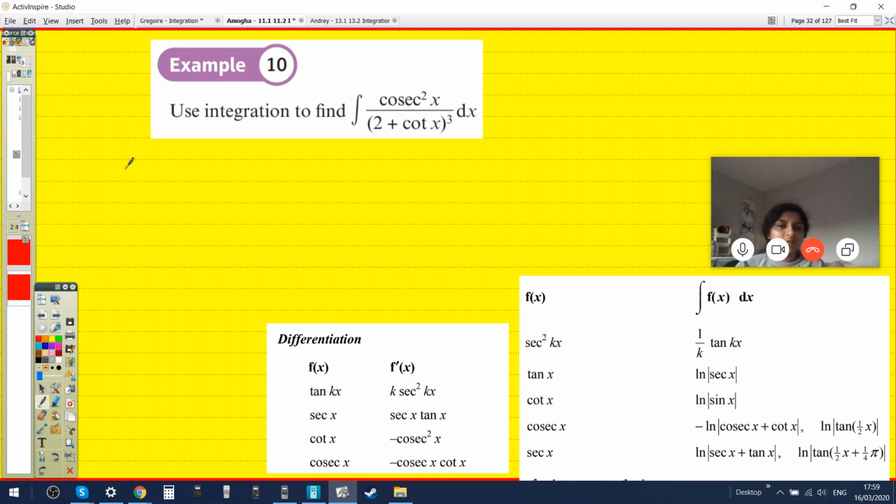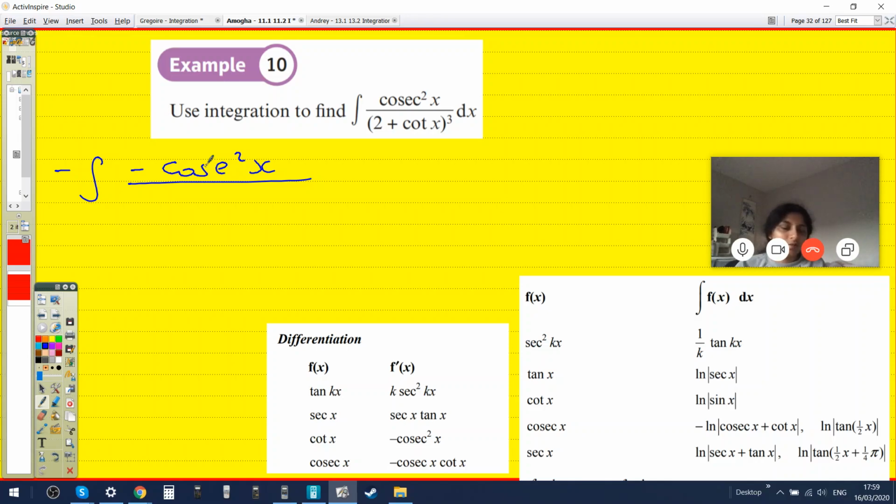But it's also 2 plus cot x cubed, so I don't know how to do that. So cosec squared x. I don't know how to do it when it's cubed and in a fraction like this. Same as previous one, I believe.